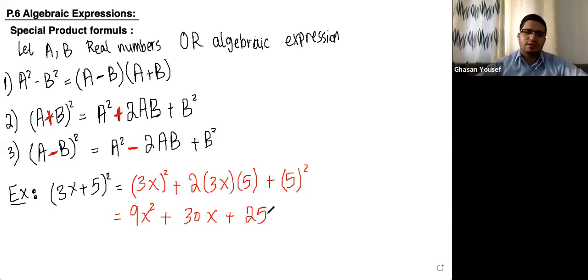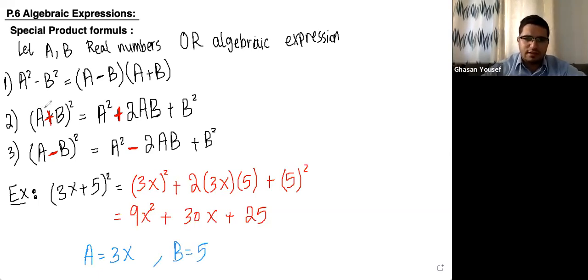This is correct. So by applying the second property, (a plus b), everything squared, I get the first term squared plus 2 times the first term times the second term plus the second term squared. So again here I can say my a is equal to 3x and my b equals 5.